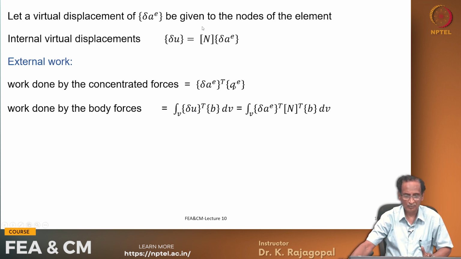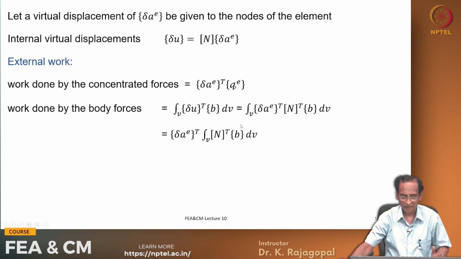So, if you take the transpose of this whole thing, we get delta AE transpose and N transpose B, and in here our delta AE refers to the nodal displacements, and they are not going to vary within the element. So, we can bring this delta AE outside the integral, because these are constants for this element.